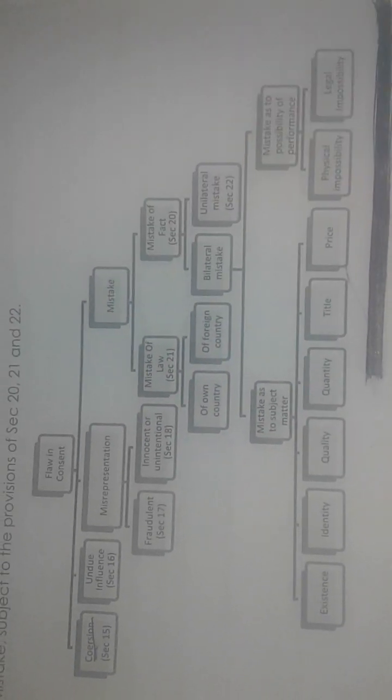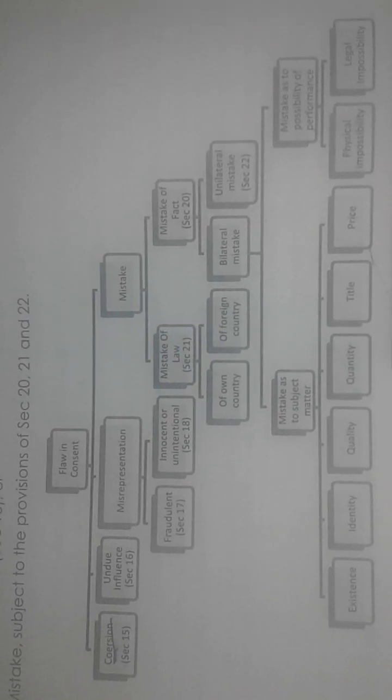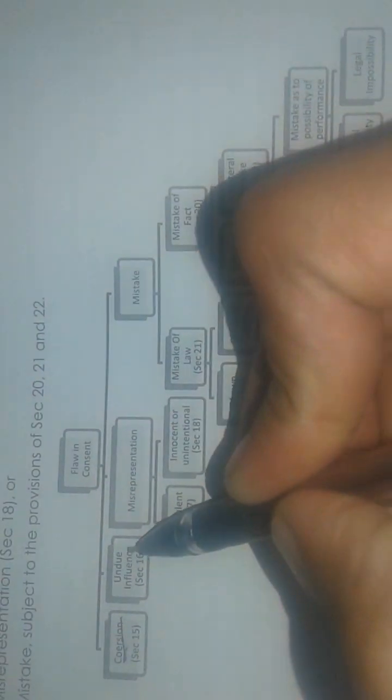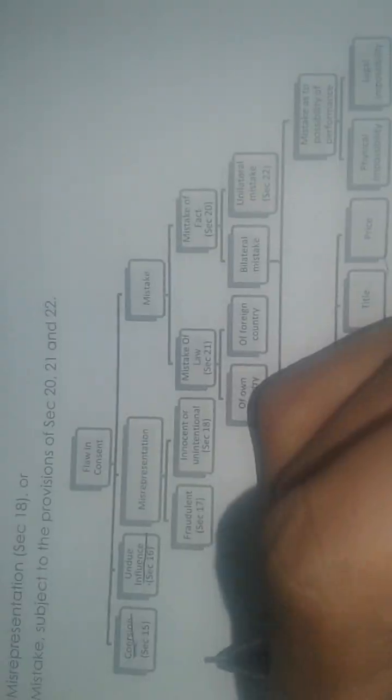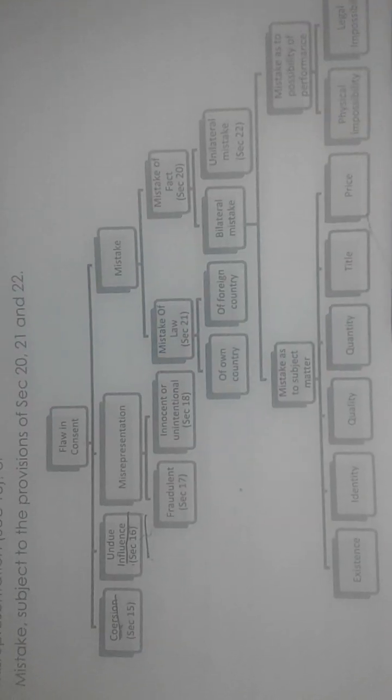For example, if a son forces his father, asking him to give him a cycle, otherwise he will not eat food, then the father is under the undue influence of his son to give him the cycle. This is the overall description of undue influence as per Section 16 of the Indian Contract Act.